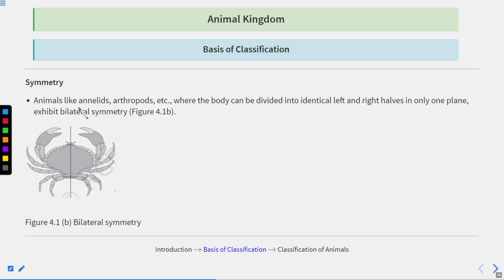Animals like annelids and arthropods, where the body can be divided into identical left and right halves in only one plane, exhibit bilateral symmetry. So this is a plane through which you can divide this crab into two equal halves.